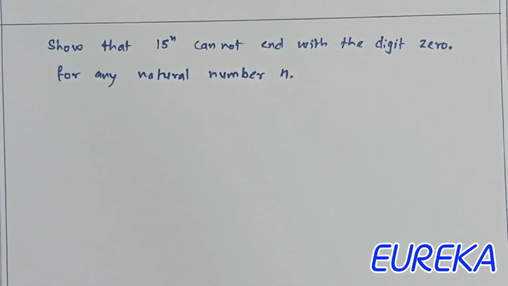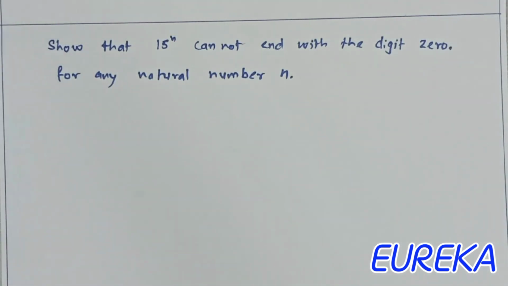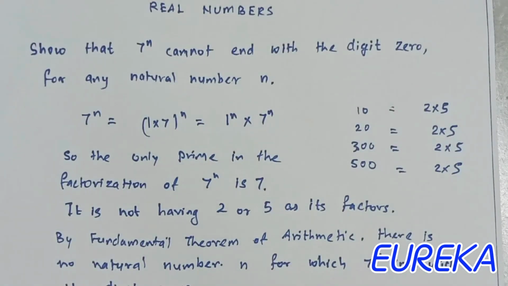The question is: show that 15 to the power n cannot end with the digit 0 for any natural number n. In the previous question, it was 7 to the power n.